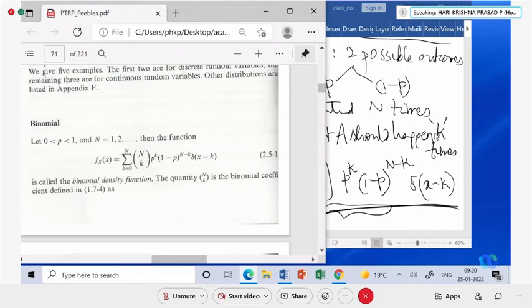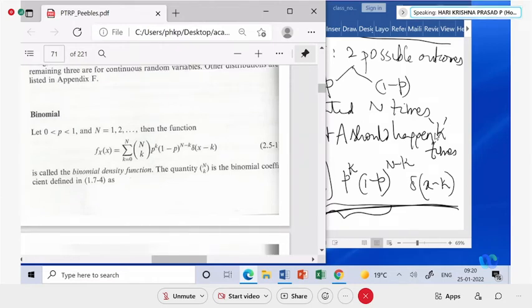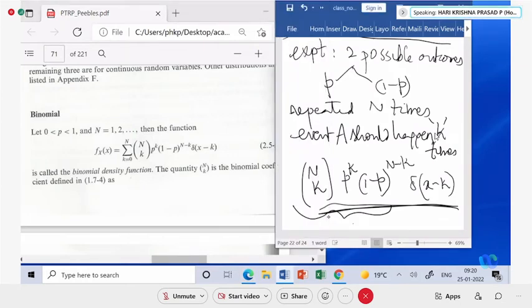In that case, the binomial density function is given by equation 2.5-1. See the similarity between 2.5-1 and the expression I have listed on this page. I find both to be the same. Is it okay?